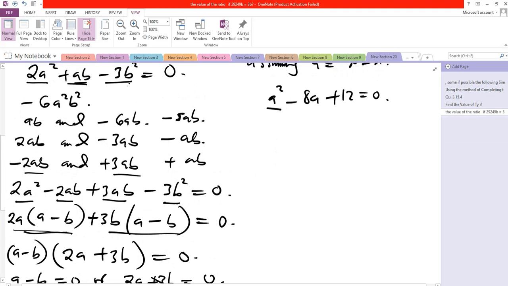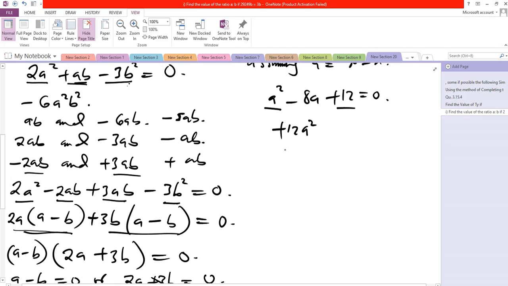we multiply this first term with this last term. The product will be plus 12a squared. So what are the factors of plus 12a squared that when you sum them up will give you minus 8a?